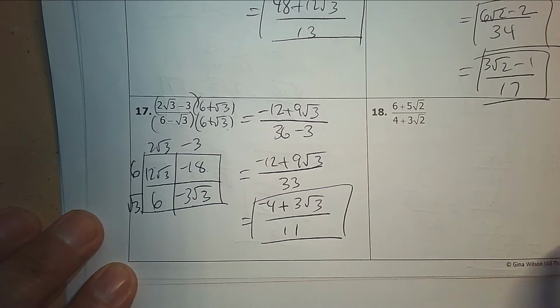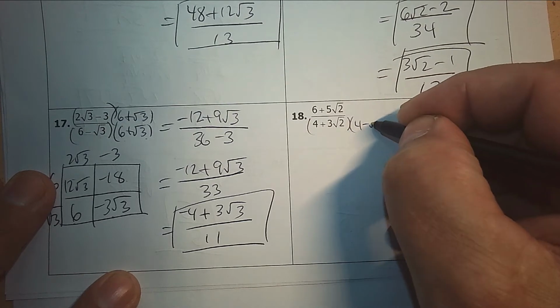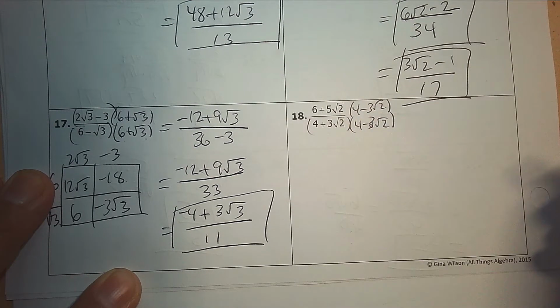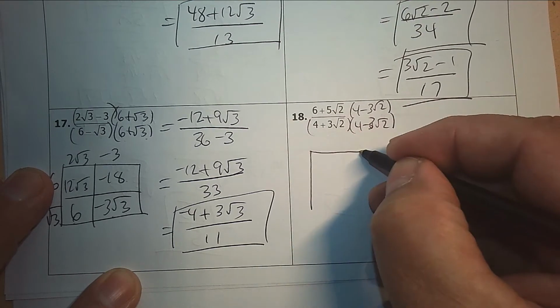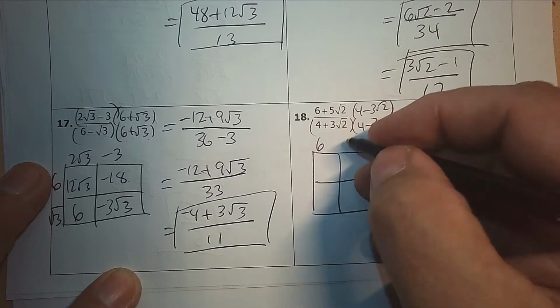All right, last one. So do the conjugate. So that's 4 subtract 3 root 2. 4 subtract 3 root 2. So the numerator, I'm going to do a FOIL so that I can get all the numbers that I need.